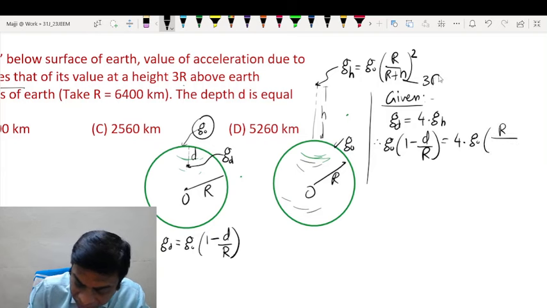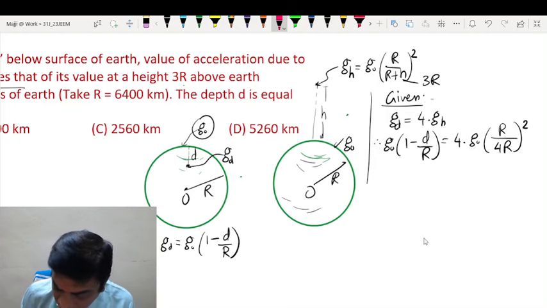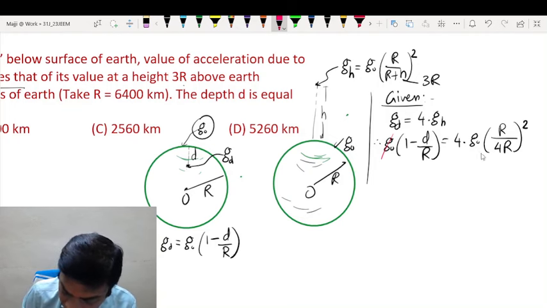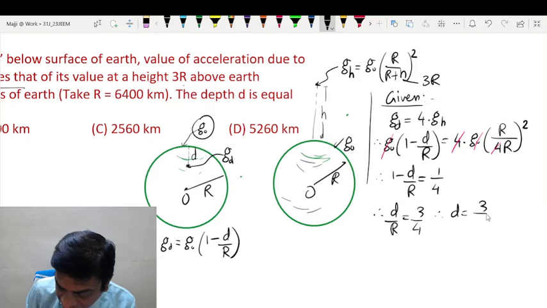When you put h as 3r, this will be 4r. g naught gets cancelled, 4 gets cancelled. Then we are left with 1 minus d by r is equal to 1 by 4. Therefore, d by r is 1 minus 1 by 4, that is 3 by 4. So, d is 3/4 of the radius.